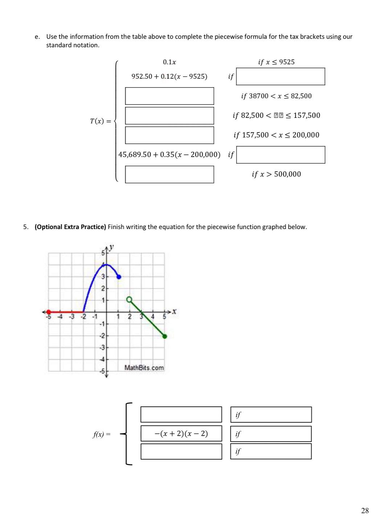Then if you make more than 9,525 but less than or equal to 38,700, this is how you calculate your taxes: you take however much you make above the 9,525 and get taxed at 12%.